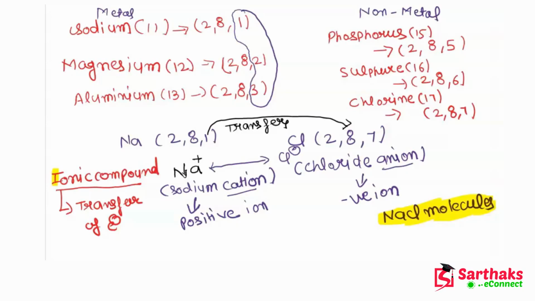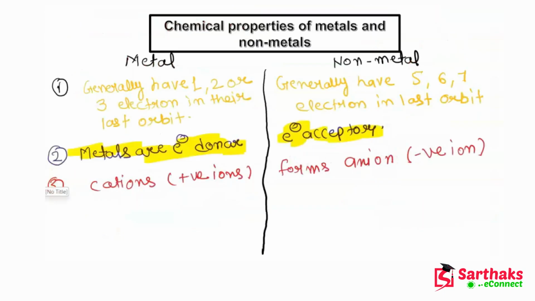Here you can see that this is the sodium cation and this Cl minus is the chloride anion. So we can conclude that metals form cations and non-metals form anions.